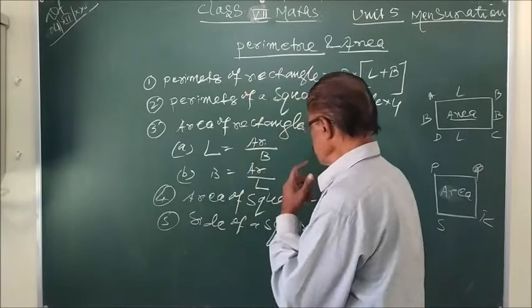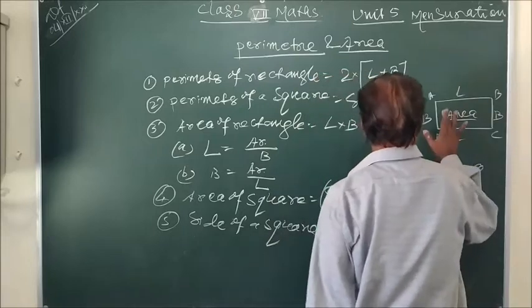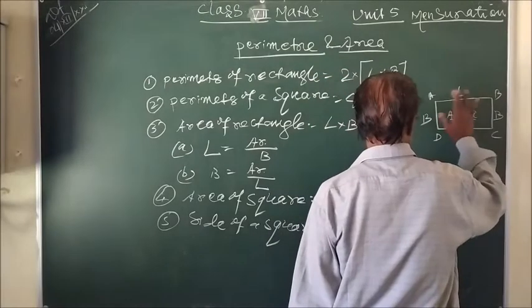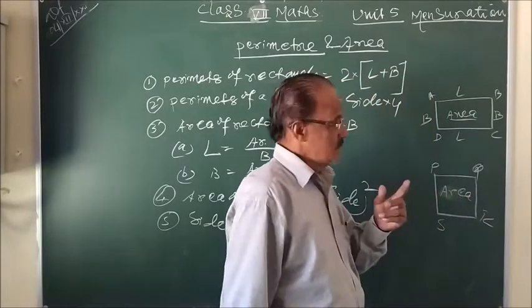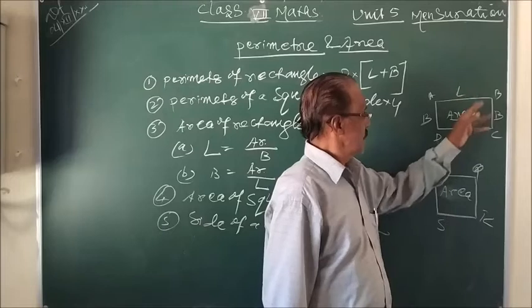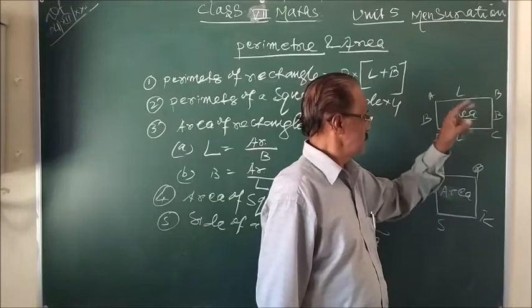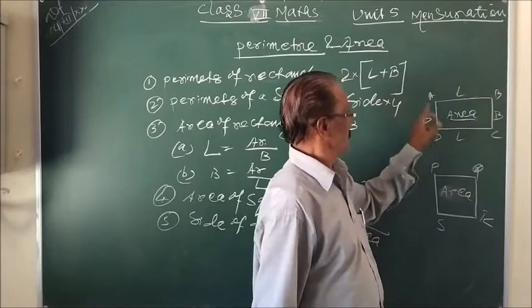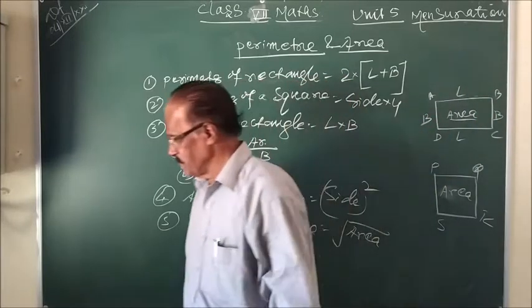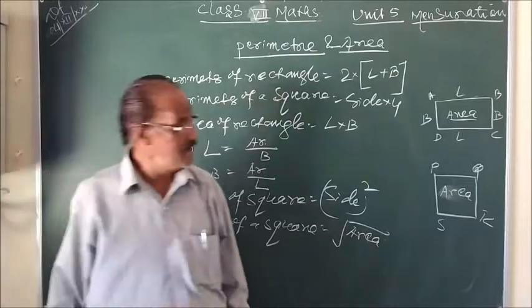So, what is the perimeter of rectangle ABCD? It has 4 sides: this is L and this is B, L for length, B for breadth. So L plus B plus L plus B. How will you get this formula?